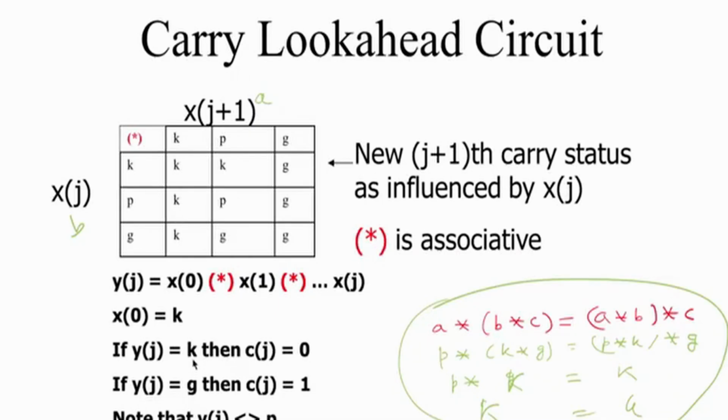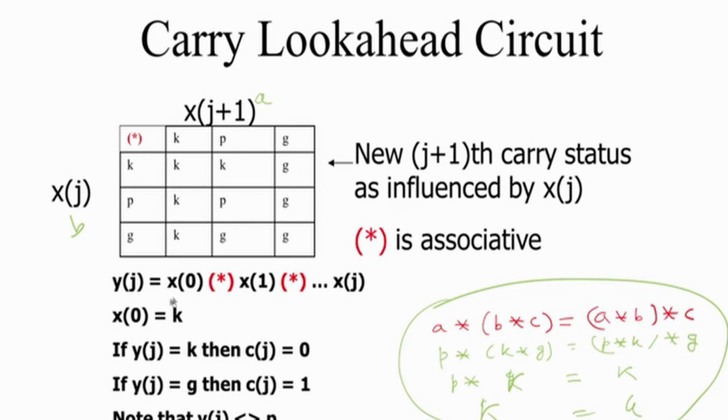So please note that the yj will be only either k or g, each of the y's. Why? Because C0, or whatever x0, is k, and k with anything else will either land with k or g, right.